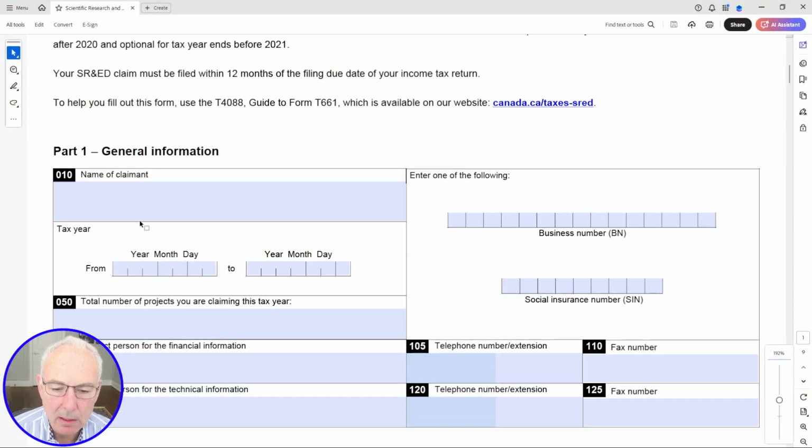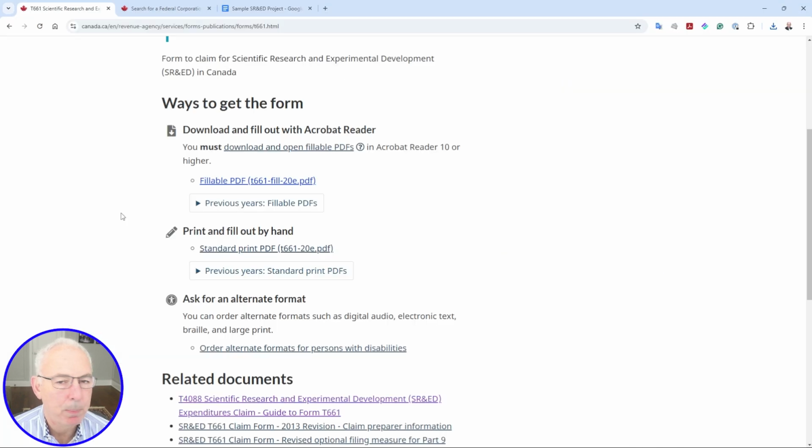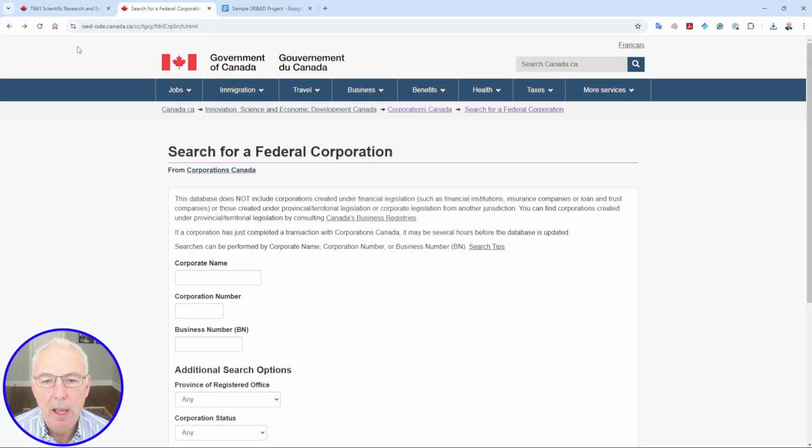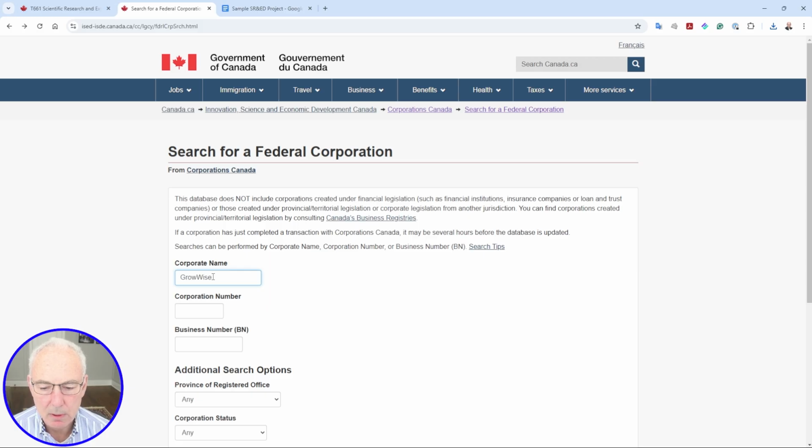Just need to expand that a little bit and put the name of your company in here. Now, if you're not sure of your business number, simply copy your business name, and we're going to go back to our browser, and there is a search for federal corporations in Canada. I'll put this link in the notes of the video. So you can put in the corporate name.